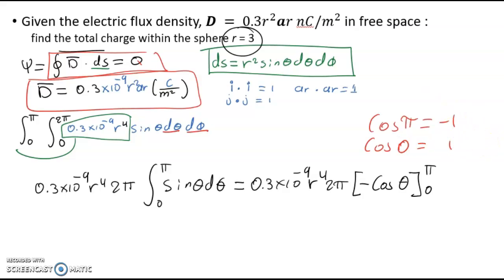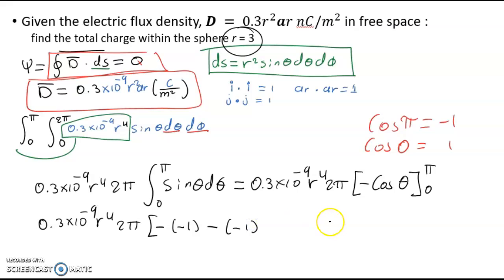So the evaluation ends up being 0.3 times 10 to the minus 9 r to the fourth, 2 pi, times minus minus 1 minus 1, which is 1 and 1 added, equal to 2.